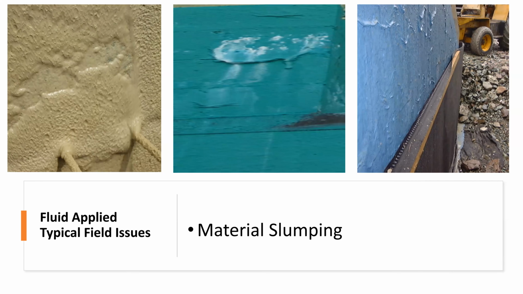You will literally see this start to fall down the wall, simply because of gravity pulling on it. The material takes some time to cure, and because it is heavy and you've sprayed it on too thick, it starts to pull down the wall. So if you see something like this, it's typically an issue where they put on too much at once, and it should be done in two passes, not just one.